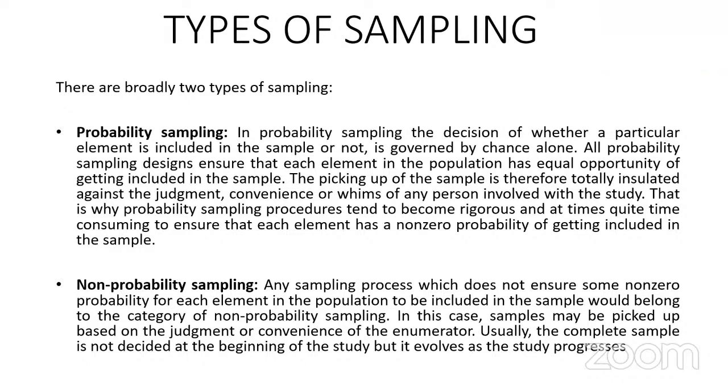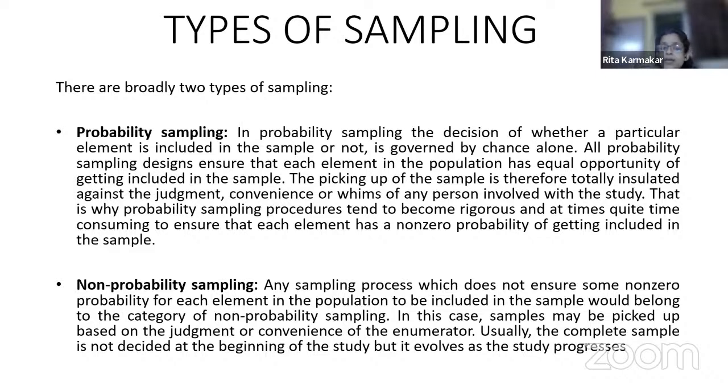Okay. Another type of sampling, which I mentioned, is non-probability sampling, where the concept of randomness is not incorporated. This is also important. As I gave you the example, the impact of this financial year's budget on the Indian economy.